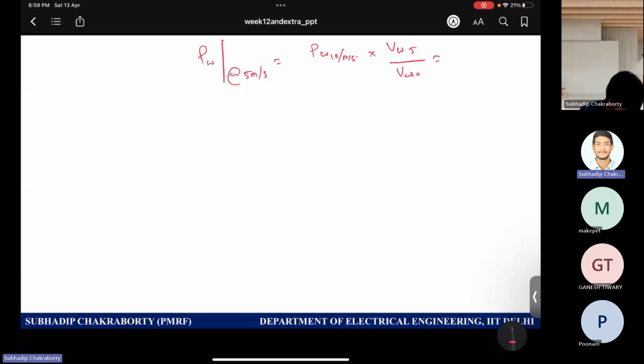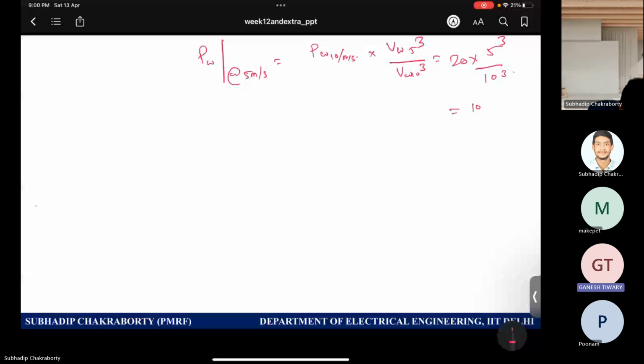So 20 into 5 by 10, so what is it? 10 kilowatts, right? Sorry, cube is there, right? So what is the answer? 2.5 kilowatts. 1.25 kW.